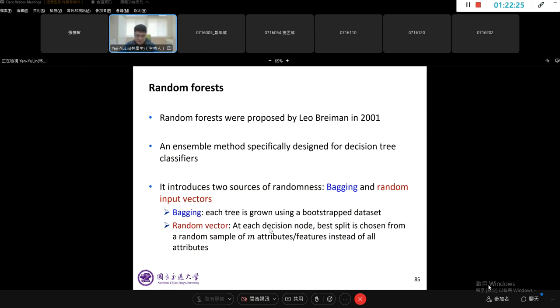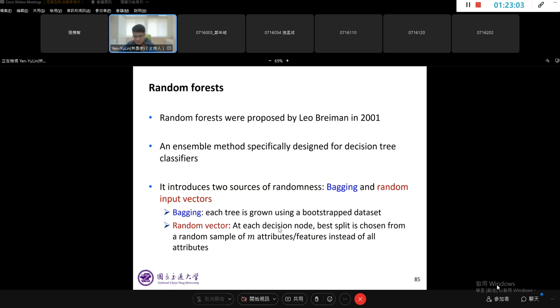However, in random forest, we don't consider all attributes or all features. Actually, we randomly select a small subset of the features. For example, there are 100 features for an input data point. If we set the value of m to 5, then for each decision node, we randomly select 5 attributes out of 100 attributes.